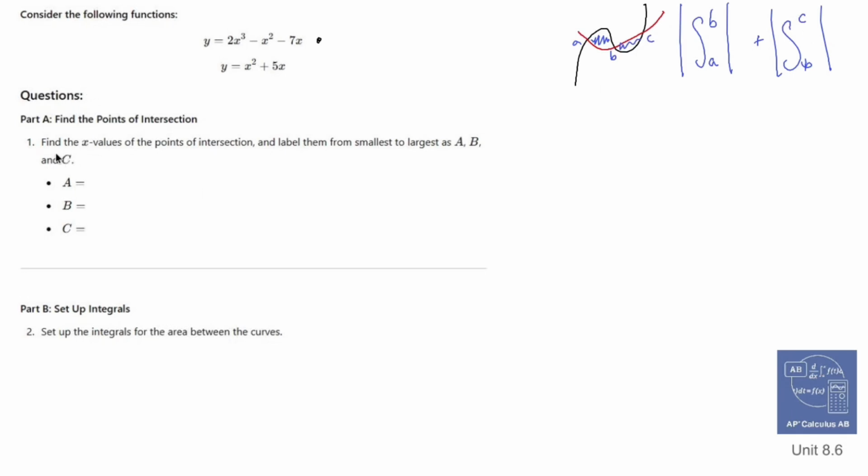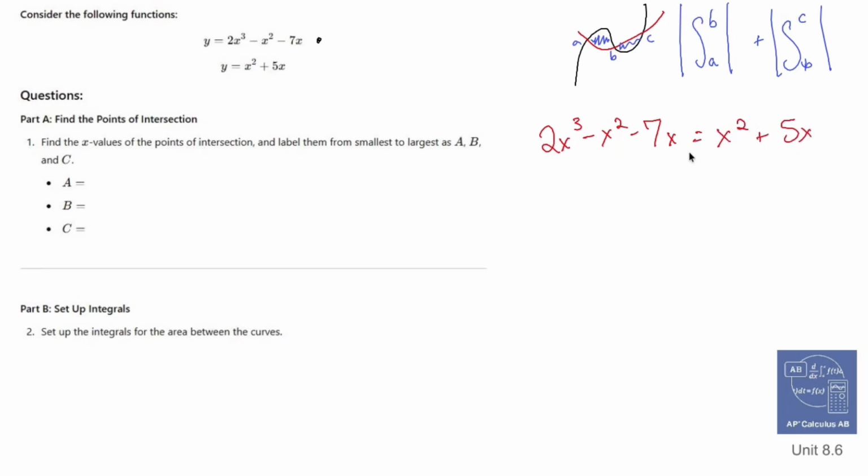So problem one is find the x values of the points of intersection and label them from smallest to largest, A, B, C. So we're going to walk through this process step by step. The way you find the points of intersection is you set the two equations equal to each other. 2x cubed minus x squared minus 7x equals x squared plus 5x.